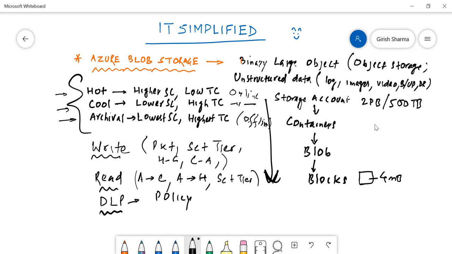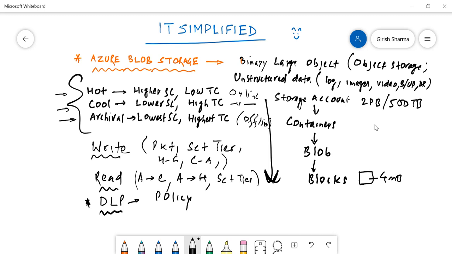I always tell customers, unless you are 100% sure, for example the way I gave it for the hospital records, that you will not be accessing the data over an extended period of time, we can definitely keep it in the archival tier. But if you're not sure which tier you want, hot or cool, I would say start with a hot tier, so that in the first month or two you get an idea about how you want to utilize it, and also from the cost perspective. Then after that you can move it to a cool or an archival tier, right? Data lifecycle policy will come in handy for that. You can automate, or you can also manually change it.